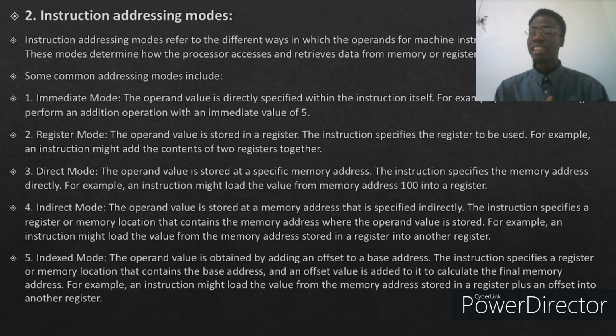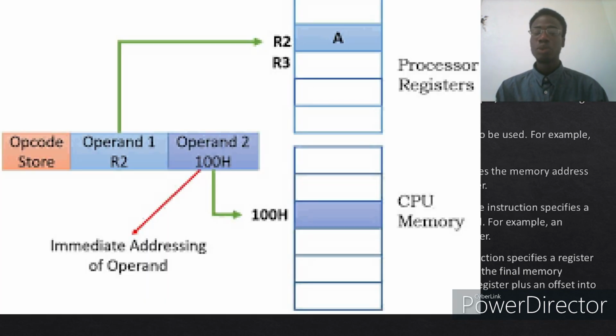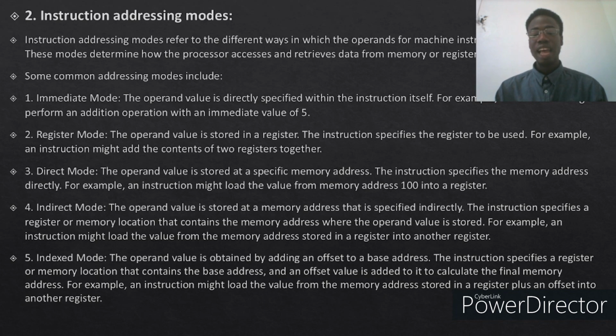Look at this very well, because with the immediate addressing mode, the operands are included in the instruction. Here the only difference is that the processor is the one responsible for retrieving the actual data directly.